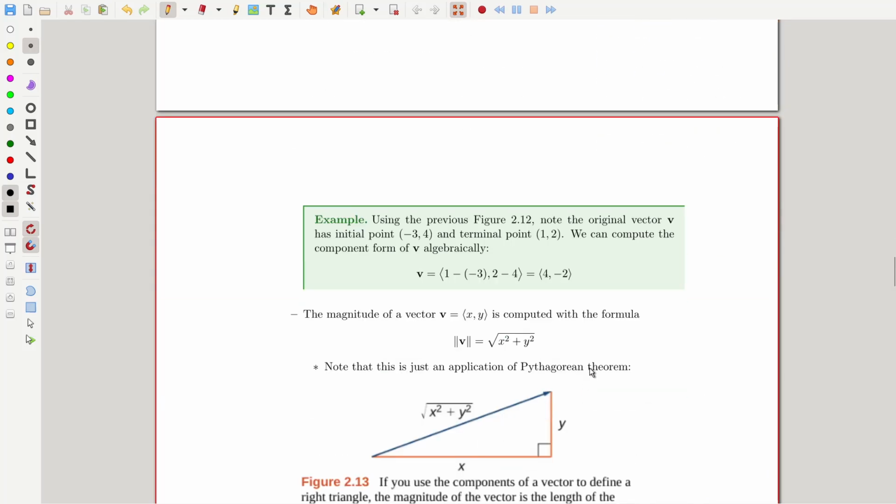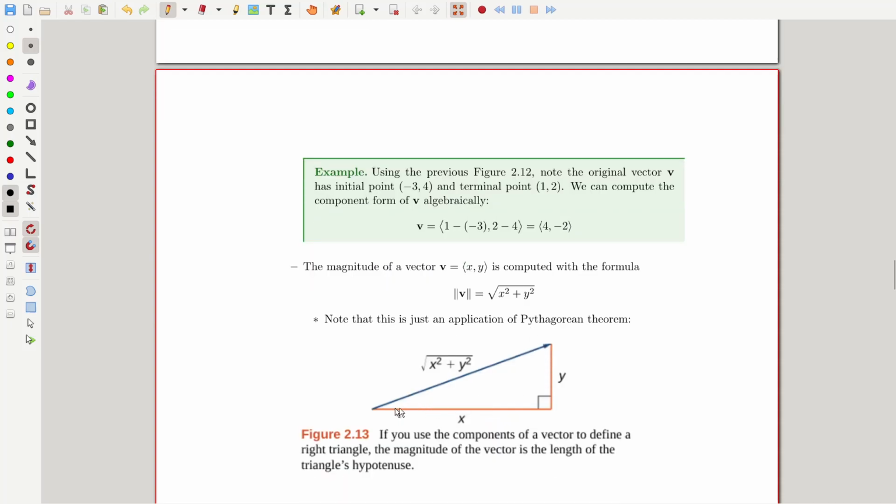Okay, right, now we're converting over more notions. So, magnitude. Suppose that your vector is x, y. The formula to compute the magnitude is effectively the distance formula. It's the square root of x squared plus y squared.